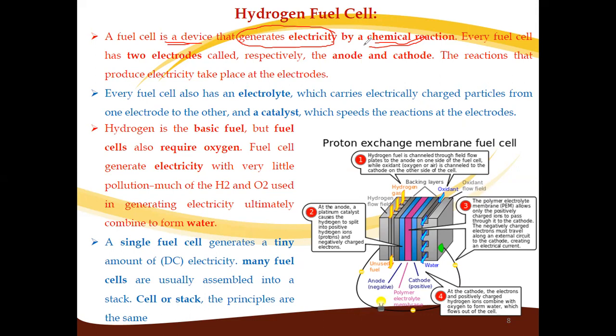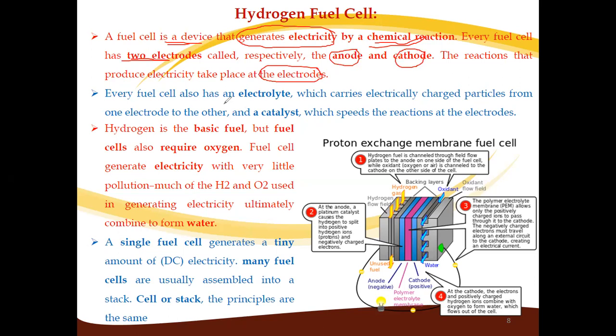Now, every fuel cell has two electrodes. One is called the anode, and the other is called the cathode. The reaction that produces electricity takes place at these two electrodes, the anode and cathode.